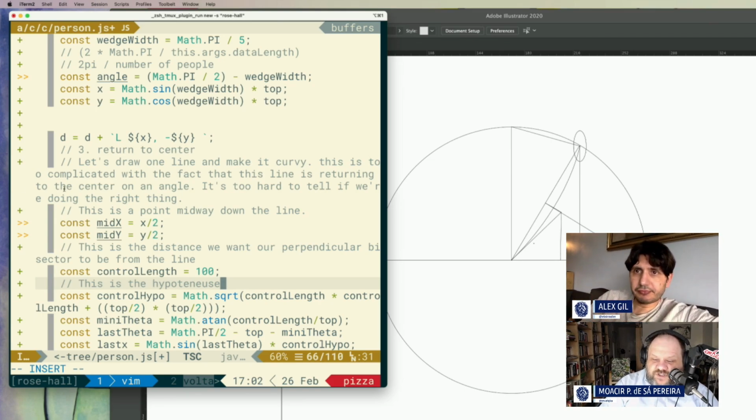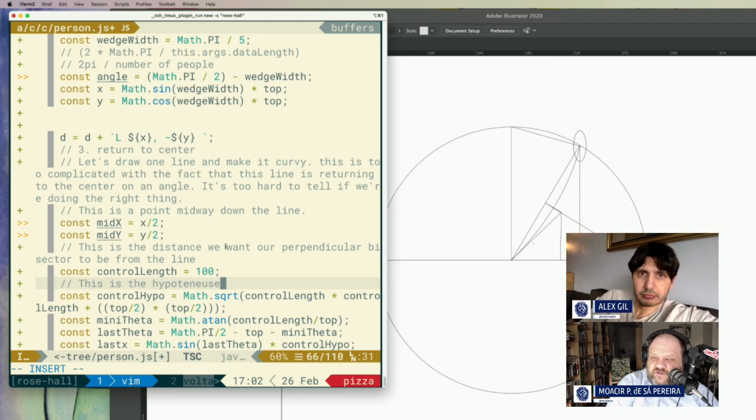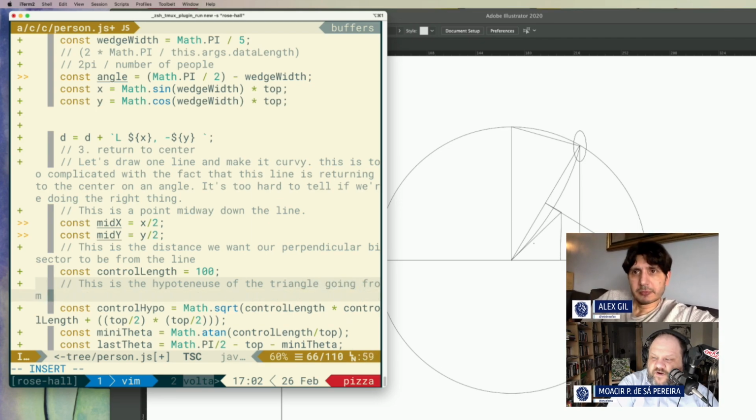All right, let me finish writing this. This is the hypotenuse of the triangle going from the perpendicular bisector's endpoint to the center of the circle.